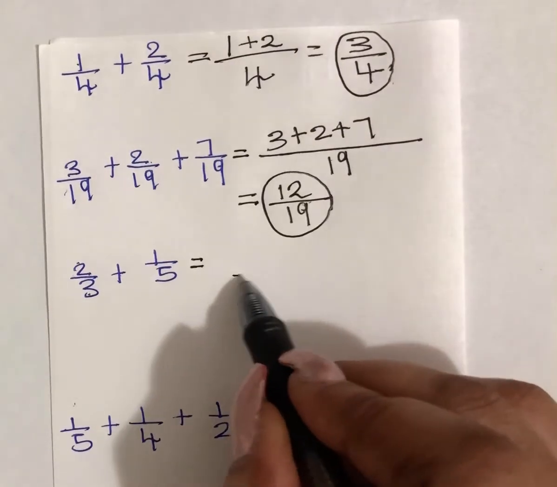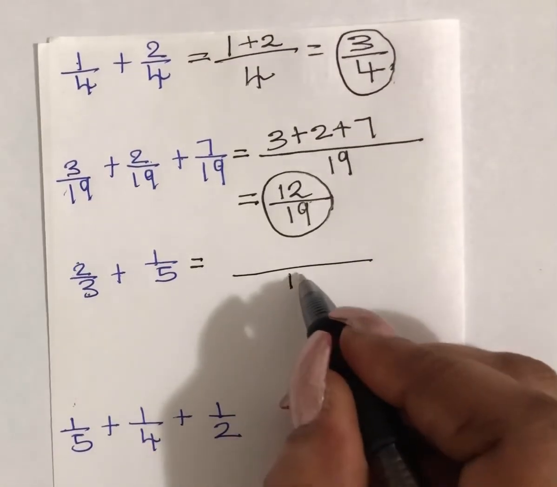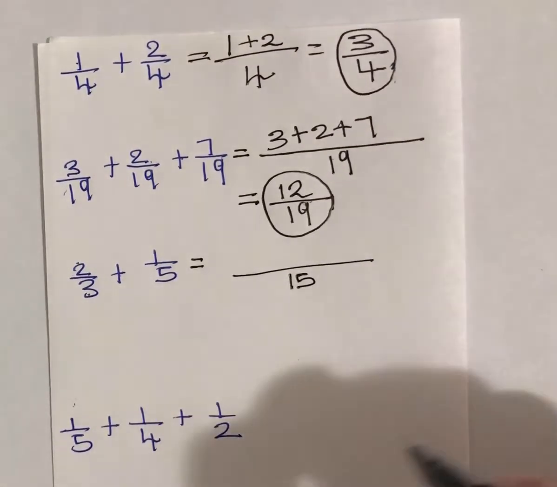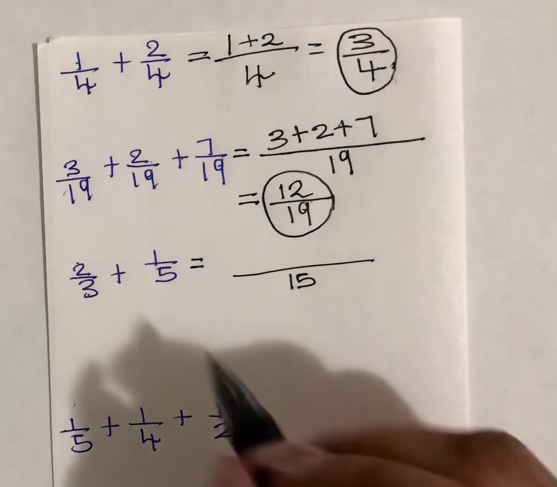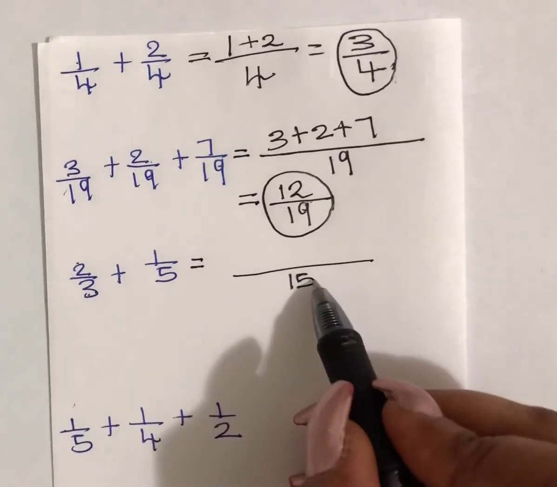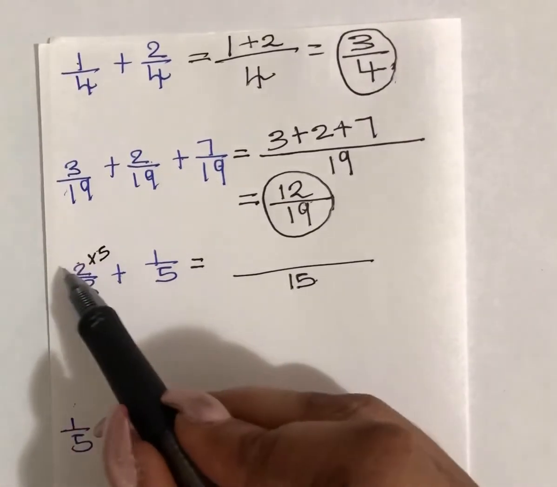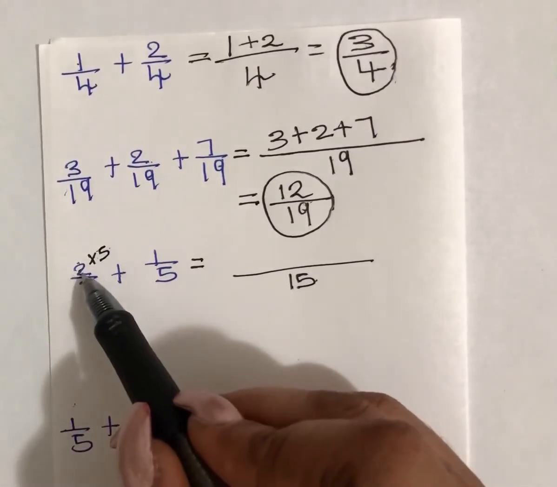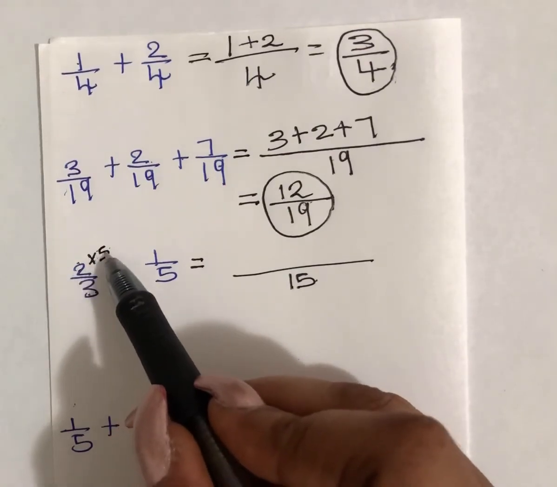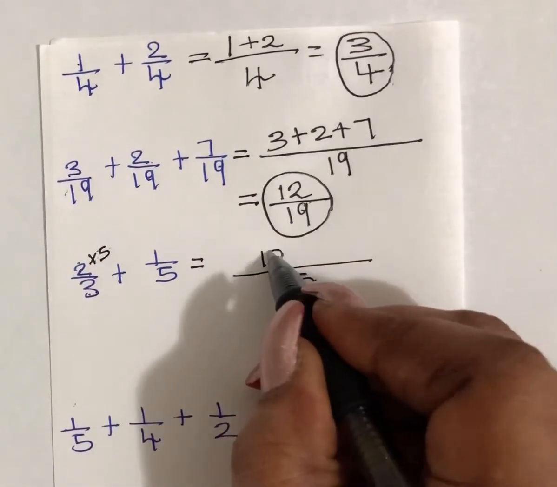The lowest common denominator for 3 and 5 is 15. 3 goes into 15 5 times. So we multiply the numerator by 5. 2 times 5 gives us 10.